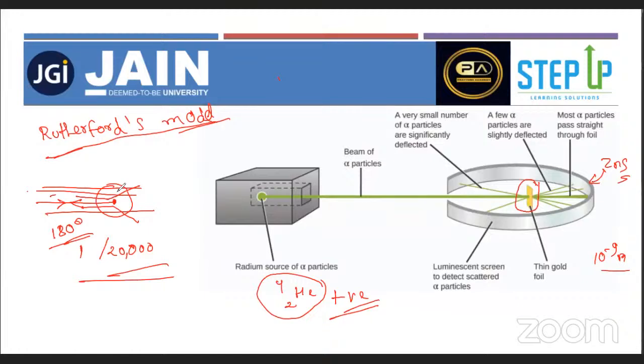If you think of a cricket ground, the nucleus is the size of a tennis ball and the ground is the atom. Further, he said that what is present at the center has to be of the same charge as the alpha particle, that is positive, because it retraces exactly the same path from which it came. All this he concluded, and later the name given for this was nucleus.